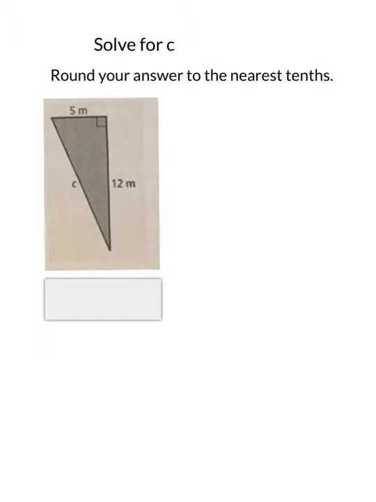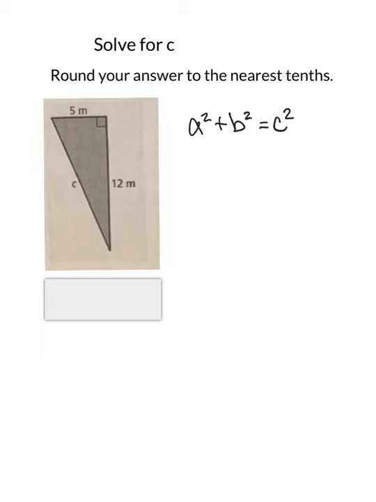And we have our triangle here. Again, across from the 90 degrees is our C. One side is 5 and the other one is 12. First of all, I'm going to write down the Pythagorean theorem: a squared plus b squared equals c squared.